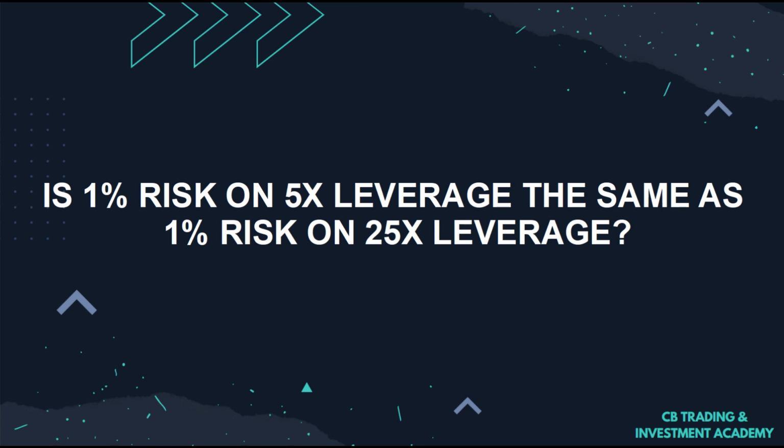But on lower cap coins, on coins that move more percentages in a day, you don't need high leverage. It only looks nice if you can see, well, I made 50% returns. Yeah, but you only made 50% returns on your margin.